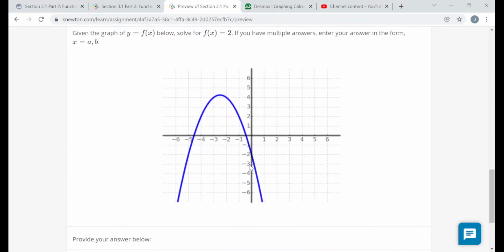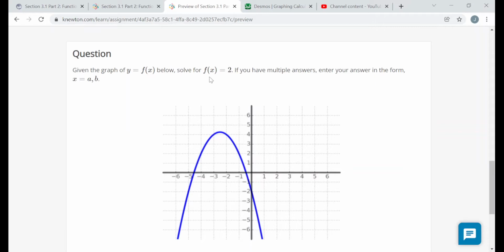Same graph. But this time, see, it's f of x equals 2. So we don't know x. We don't know the inputs, but we know the output. The output is 2. So I go to the vertical axis, the output axis. Go to +2 on that, go to the points on the graph that are lined up with that.